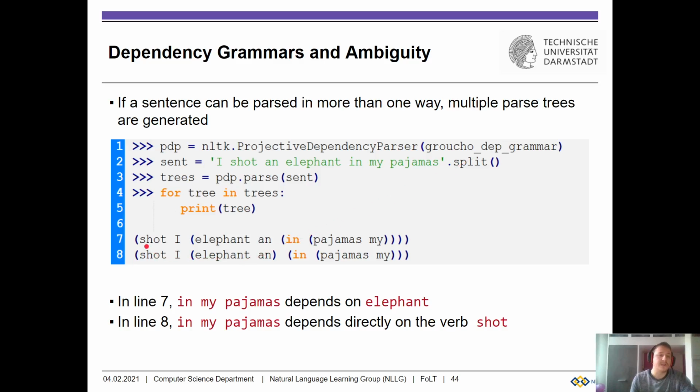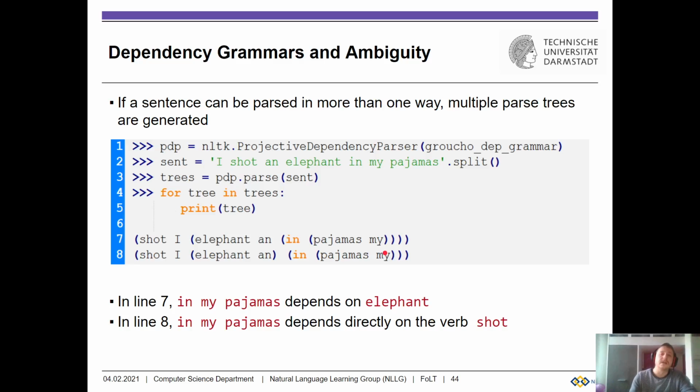In the first interpretation, I shot the elephant, and the elephant was in my pajamas. And the second interpretation is I shot something, and what did I shoot? I shot an elephant, and how did I shoot it? I shot it in my pajamas.